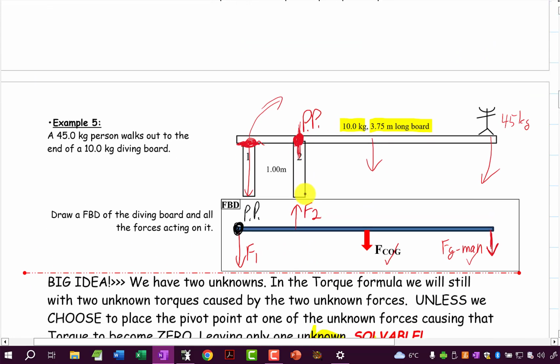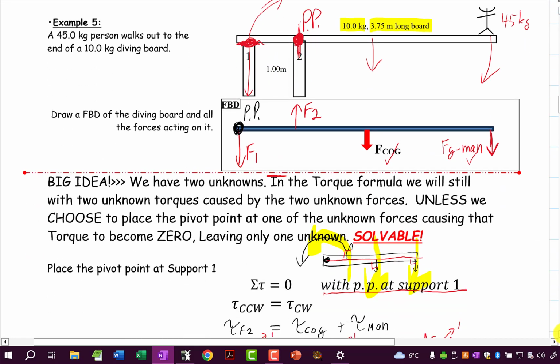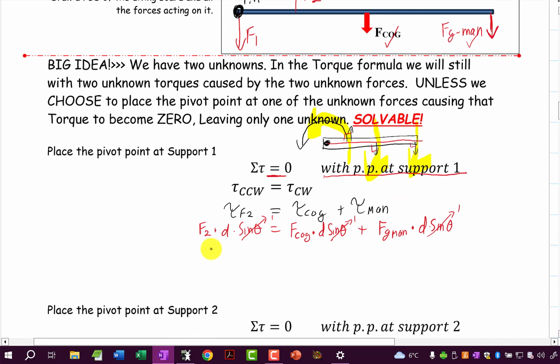The distance of F2 to the pivot point is 1 meter. So F2 times 1 meter is equal to the force of gravity of the center of gravity.